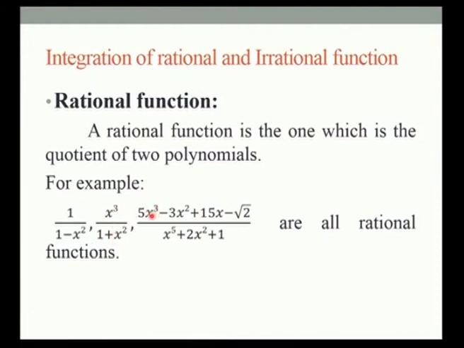Then a complex rational function is given here, that is 5x cube minus 3x square plus 15x minus square root of 2 over x power 5 plus 2x square plus 1, which is a rational function that is a bit complex. So these are all examples of rational function. So now you learnt what is known as a rational function.